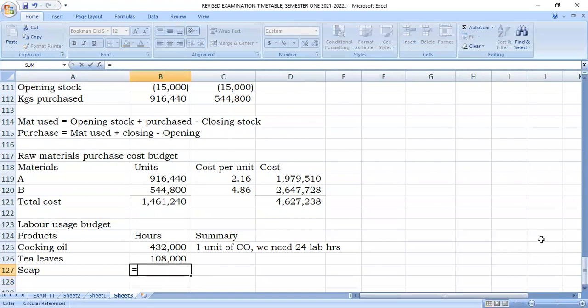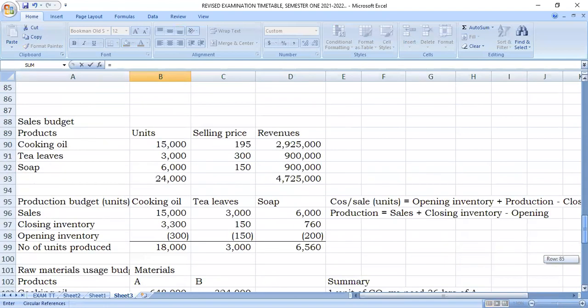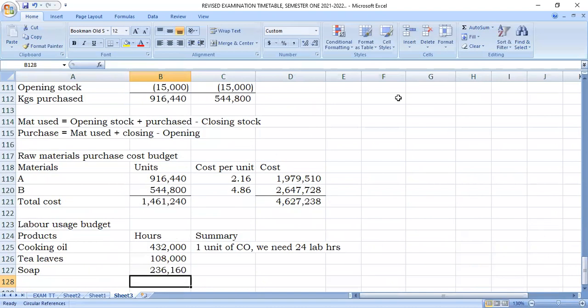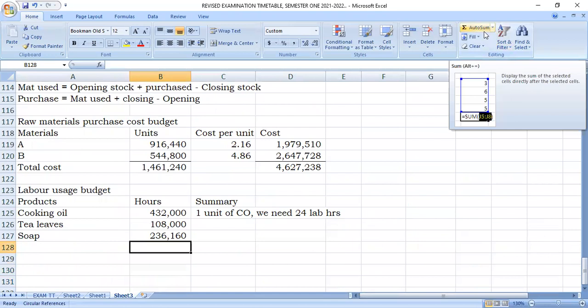You can go there and see what we produced. Okay, it's 6,560. 6,560, but a single unit needs 36 hours. So these are your total labor hours that you need.